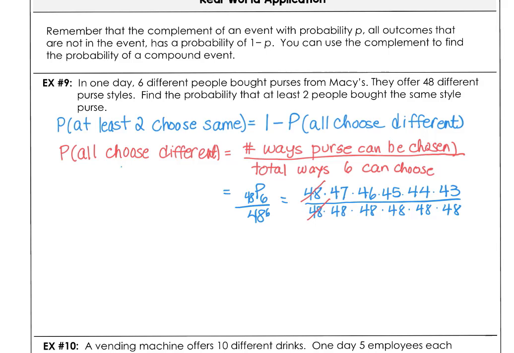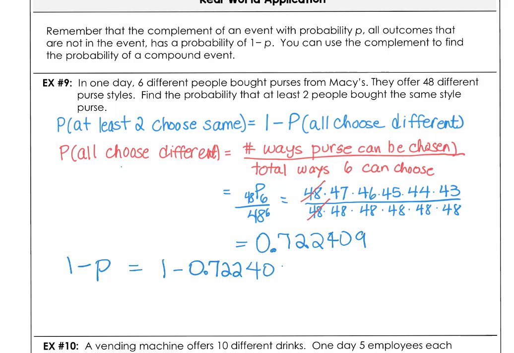Now on my calculator, that has worked out to a very large number divided by another very large number, or if I get the decimal value, that would be 0.722409. So our complement of the event, 1 minus the probability, is going to be 1 minus 0.722409.